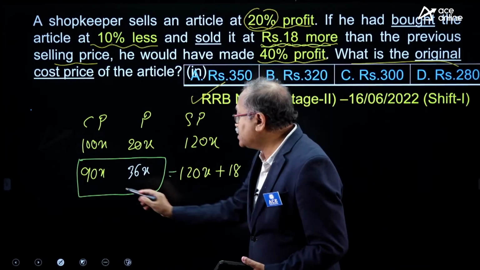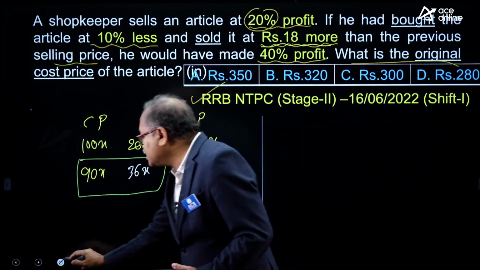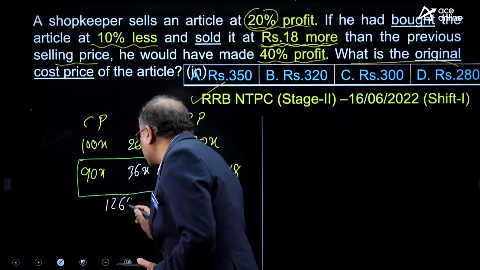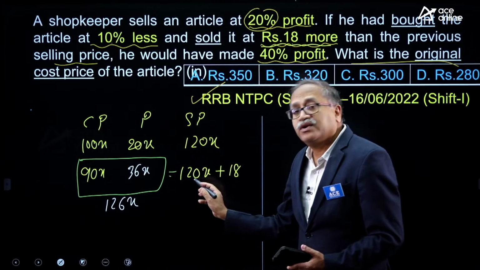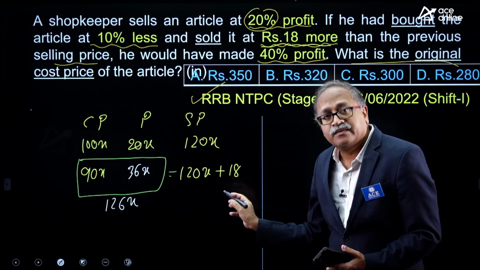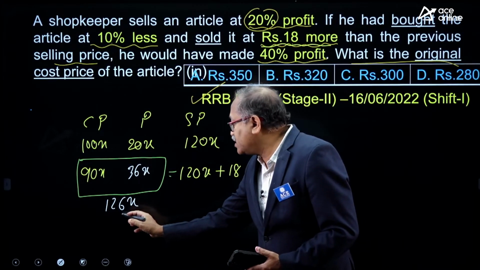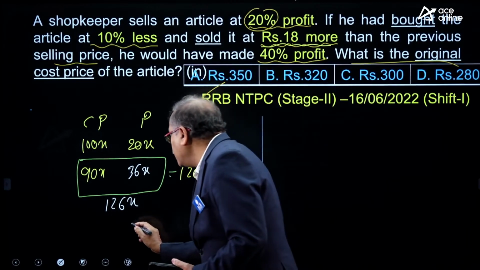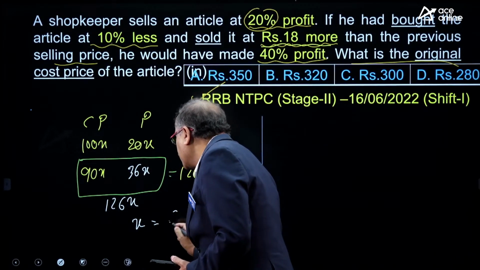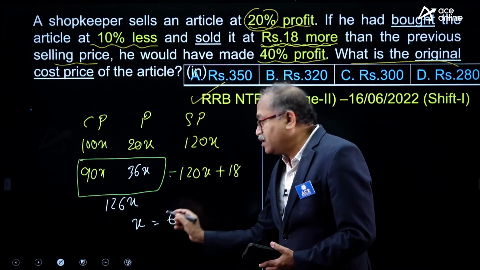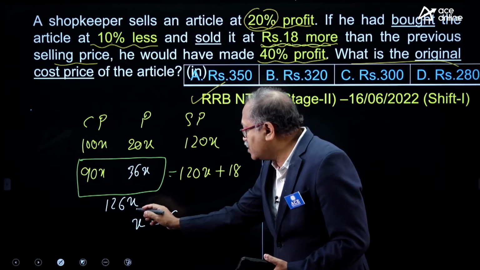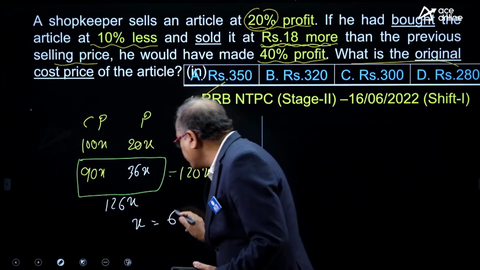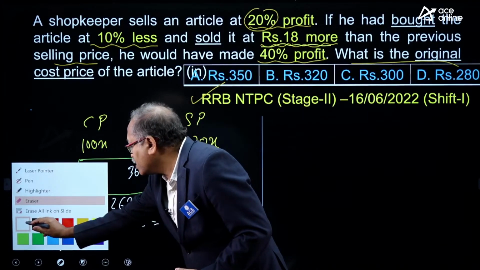That means 126x is equal to 120x plus 18. So can I say that 6x is equal to 18, then x is equal to 3, not 6, it's 3. Okay, 3.